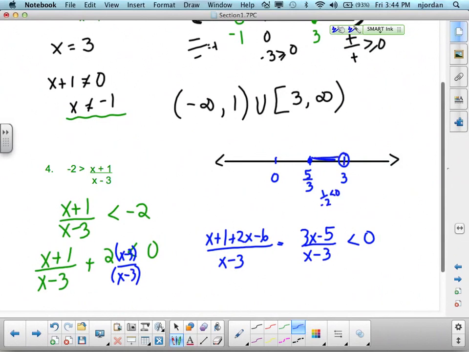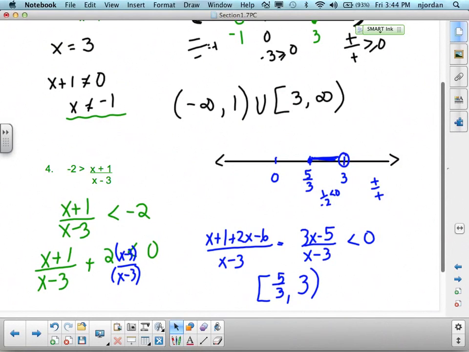We'll shade in between. And then to the right of 3, if we pick 4, we'll get a positive over a positive once again, which is not negative. So this final solution would be closed at 5/3 to 3, open.